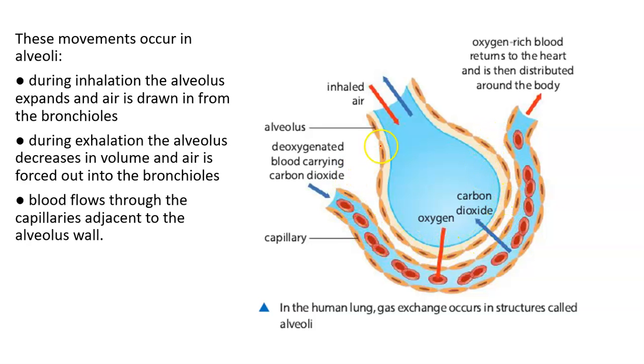This is the structure of one alveolus. The whole thing is one alveolus, and these are the cells of the alveolus wall. You can see the red arrow and blue arrow. The red arrow shows the inhaled air, which includes the oxygen.